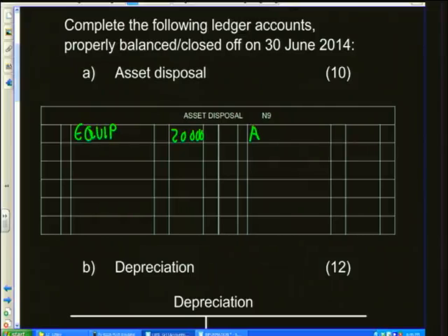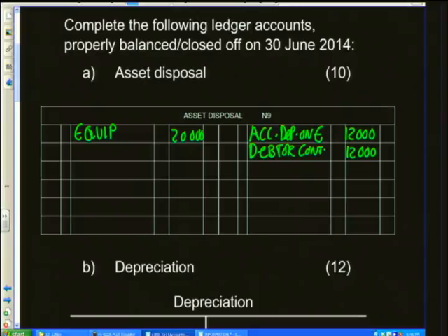On the credit side, my accumulated depreciation on equipment, which was the updated amount of 12,000. My selling price also was an amount of 12,000. And remember, this asset was sold on credit, if we go back to our information. So my contra account would be debtors control. And I've already calculated I made a profit of 4,000.